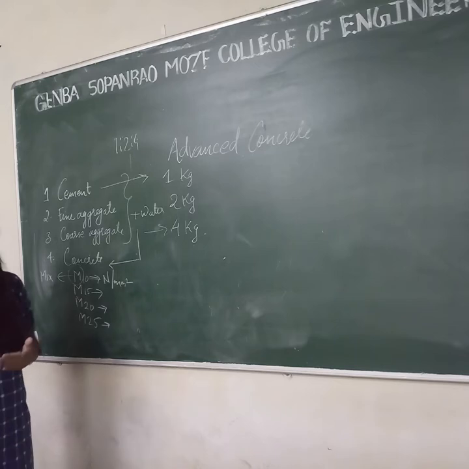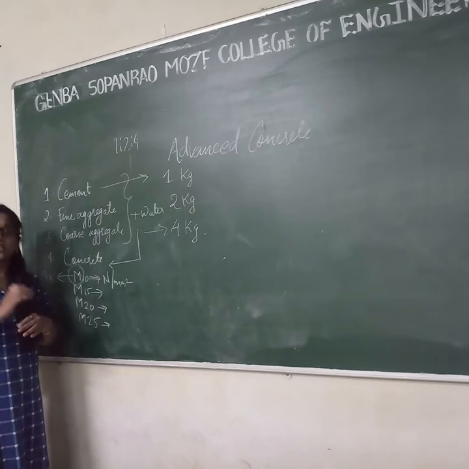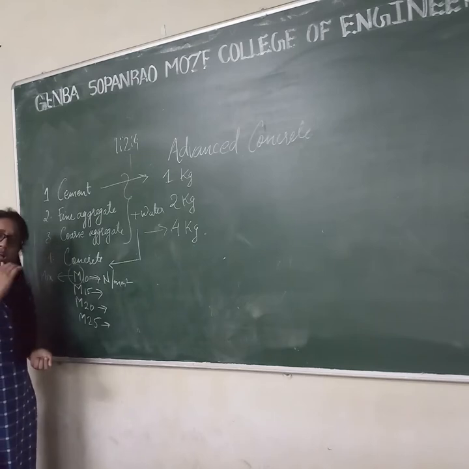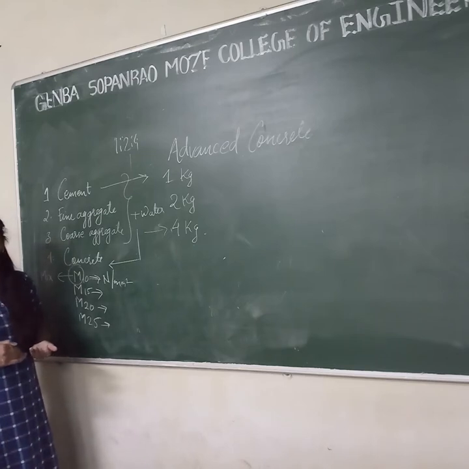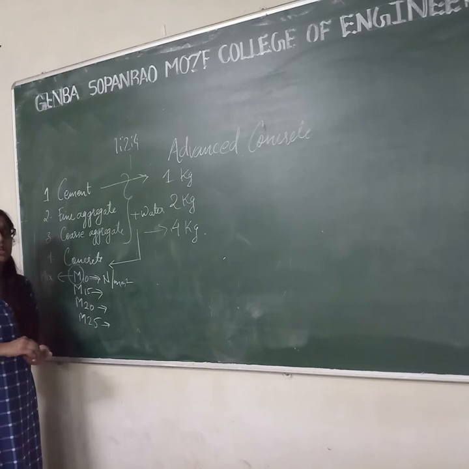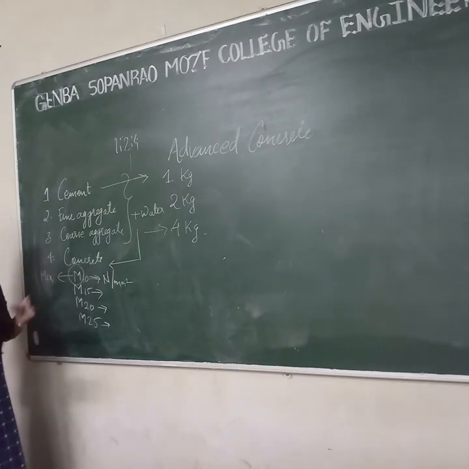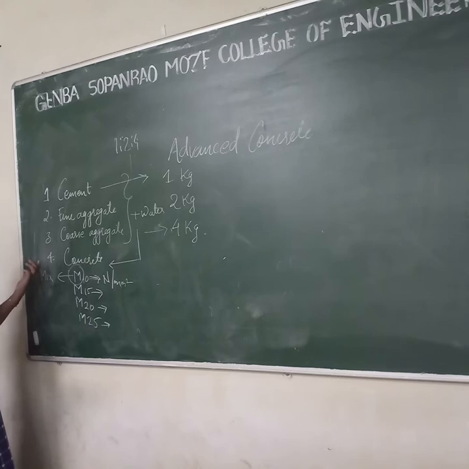Now, in many cases nowadays, everyone wants higher strength, and for economic purposes they want to build their construction in the most economical way. So how will you achieve economy in construction? Out of all these ingredients, cement is the most expensive ingredient, as I told you in the previous class.